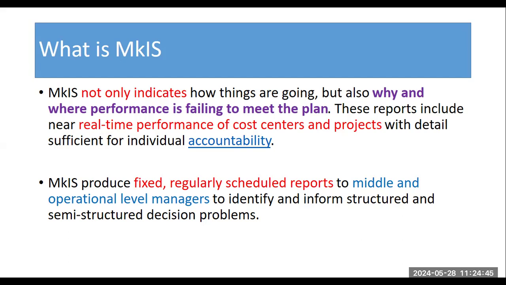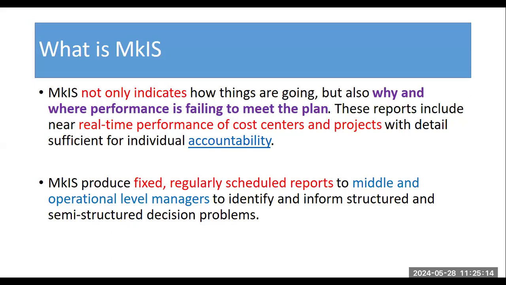There are a lot of examples we can discuss about how things are going. Say, for example, sales reports. A marketing information system can generate regular sales reports showing total sales, sales by area or region, product category, and sales channels, whether they are physical sales or online sales.